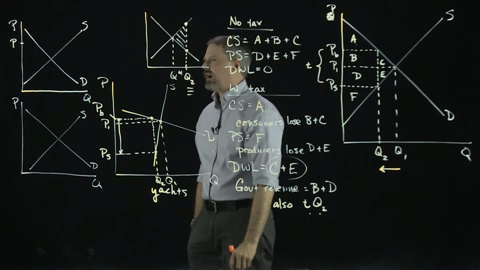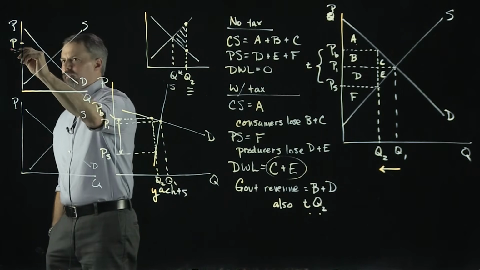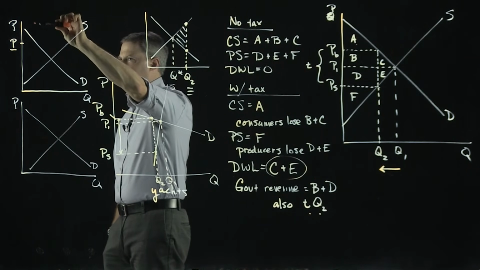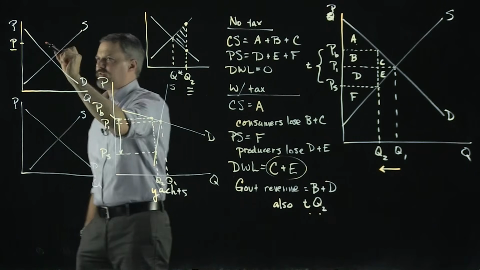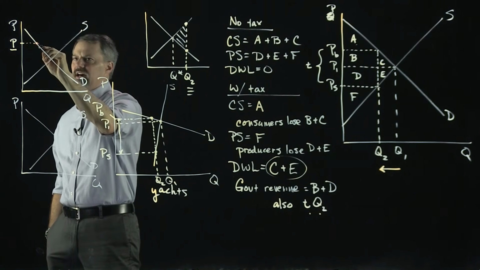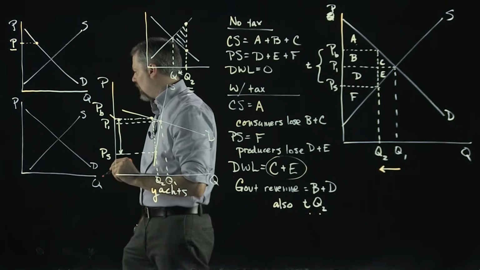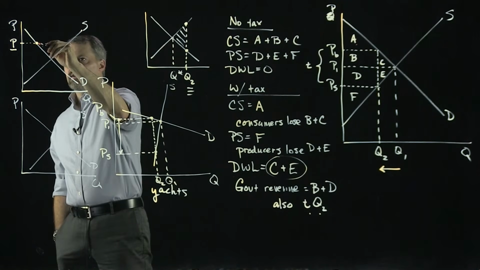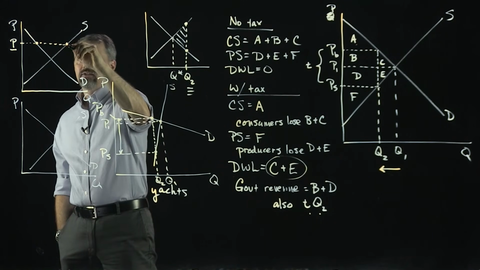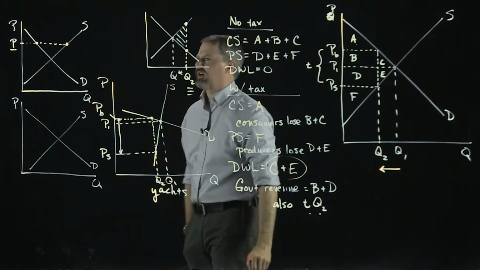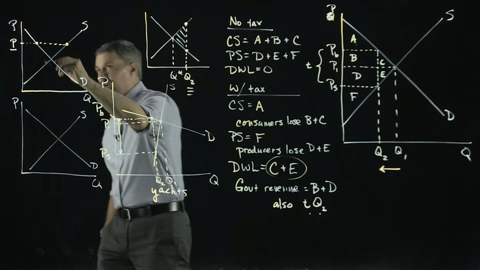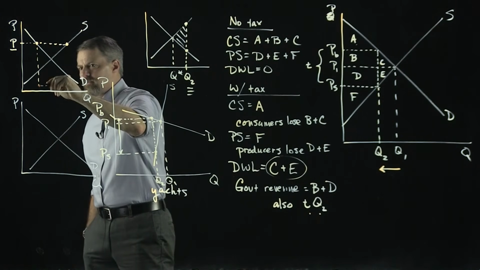Let's think about a price floor that's imposed right here. What we know with a price floor is that our market's going to want to push price down, but it can only push it down as far as the floor, and the result of that is that right there's our quantity, and right out here is the number of units that sellers want to sell, and we get a surplus. So let's identify our quantity.